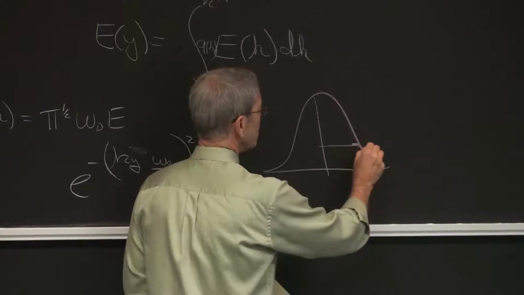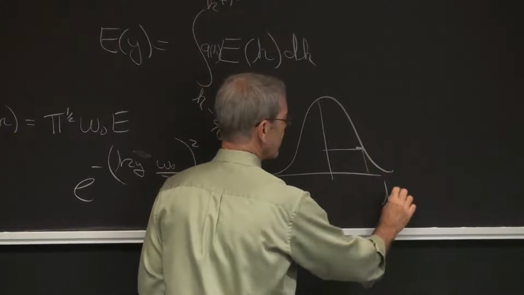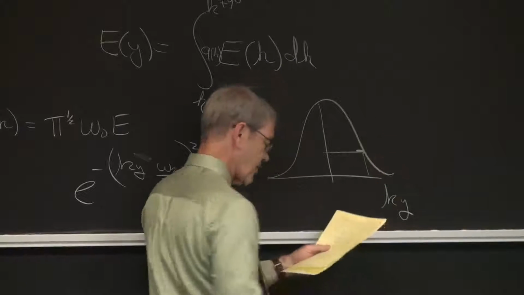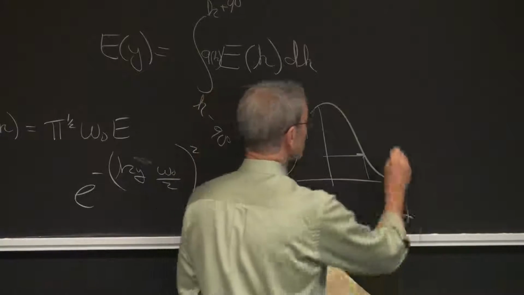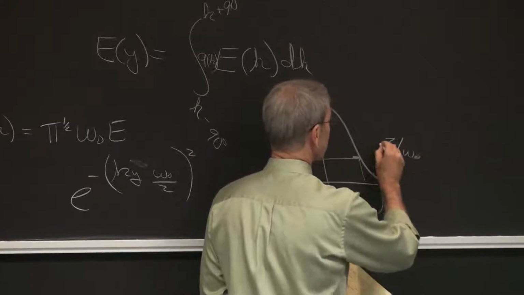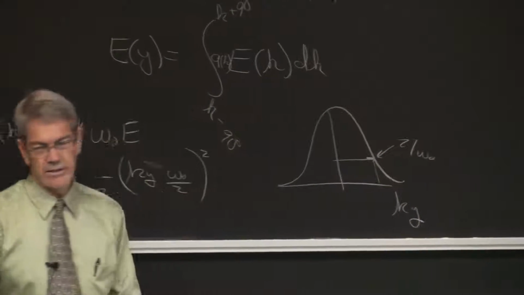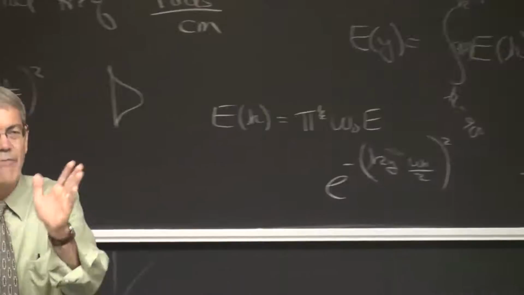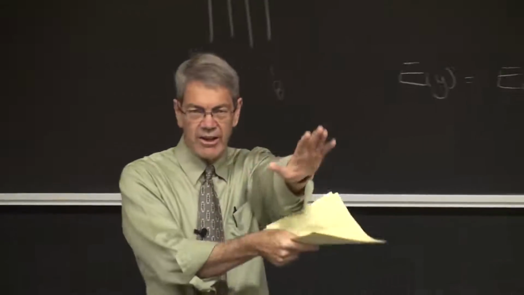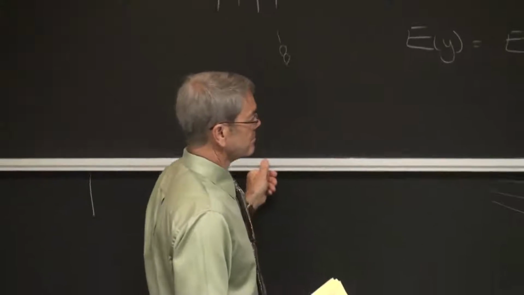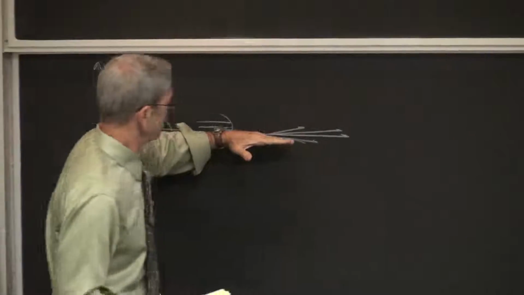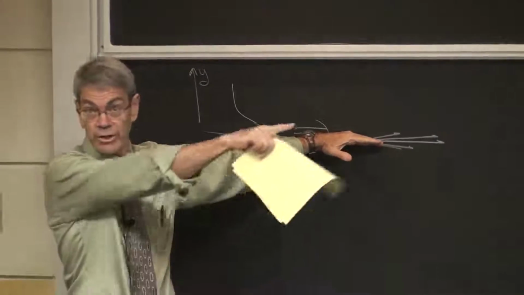And at the 1 over e point in k space, you're going to have an amplitude of 2 over omega naught. So that's going to be the kind of the average extent of my transverse k vectors. So when I make this superposition, I've got my major one just pointing in the direction I want.